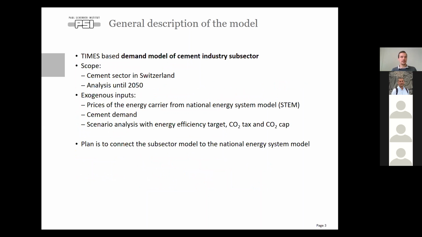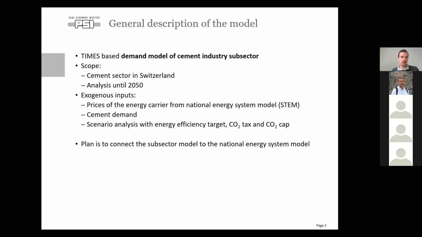As a starting point, I just want to clarify what kind of model I'm talking about in my presentation. We have basically a time-spaced demand model of the cement industry subsector. It covers the cement sector in Switzerland, and we have used this model for our analysis until 2050.